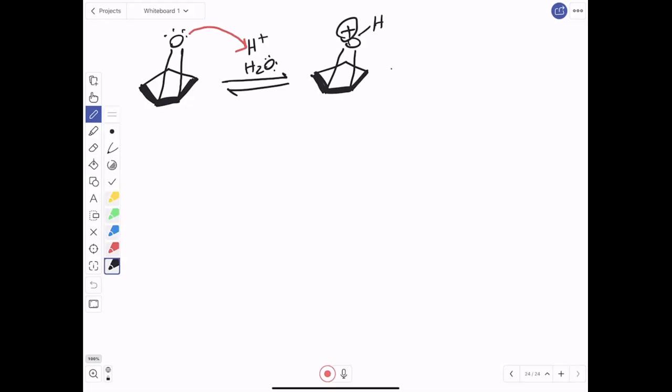The next step, H2O will act as a nucleophile and attack from the opposite side to one of the carbons.